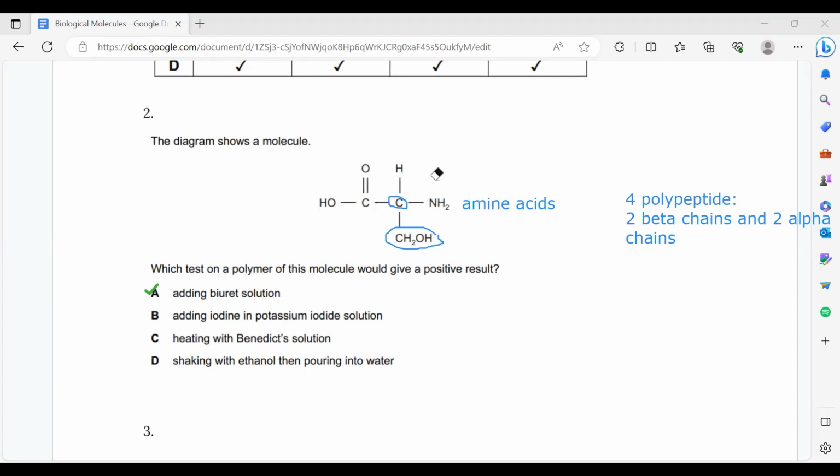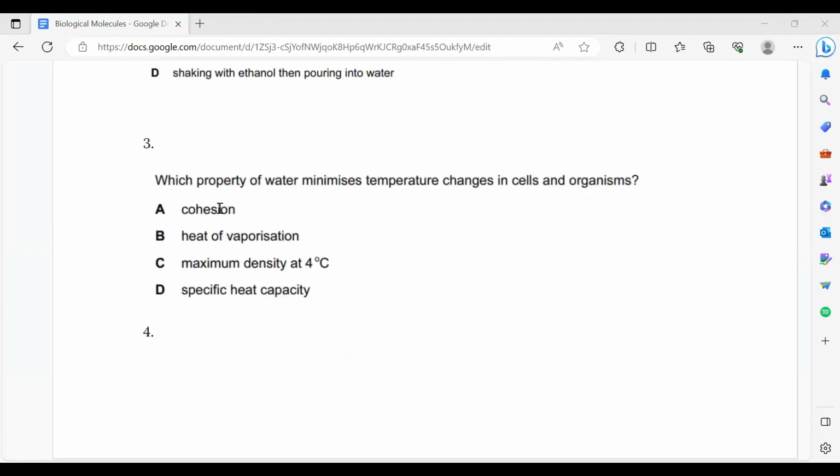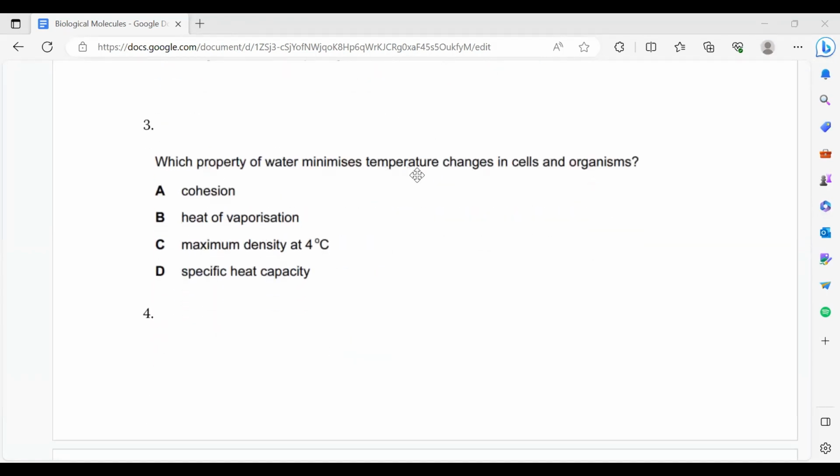So none of these would give a positive test if it was tested for the polymer of this molecule. This molecule is an amino acid, so the test by adding biuret solution would give a positive result in this one.